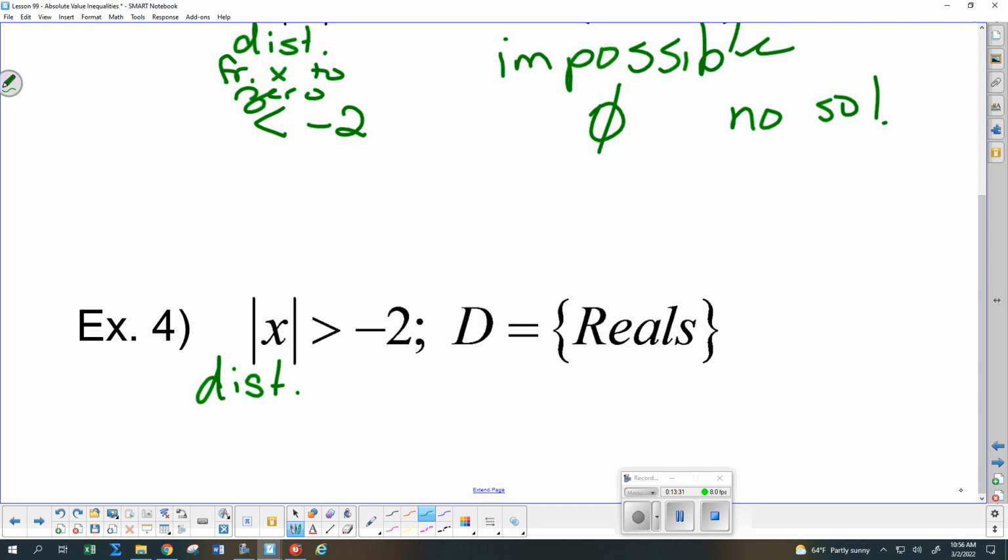I don't know. What about absolute value of a half? Does it have to be a whole number? What's the absolute value of -7? And is that greater than -2?